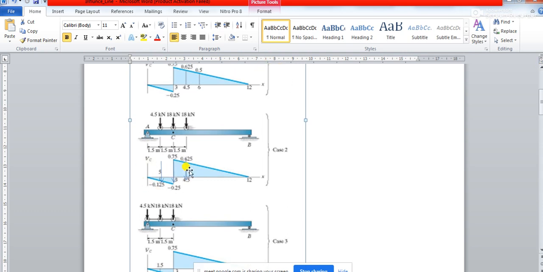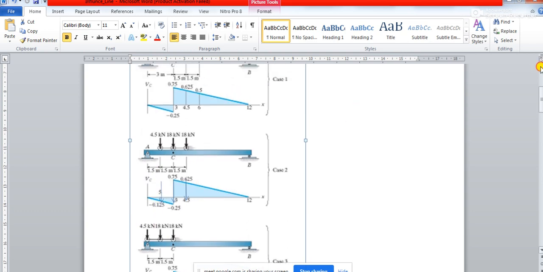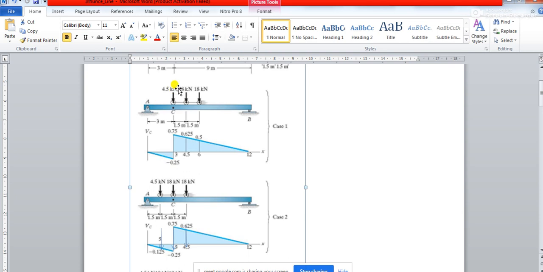So when this is happening, you are going from case 1 to case 2. At that point in time, if you want to find the value of the change in shear, how do you calculate it? You see this 4.5 kilonewton load. Very carefully understand what is happening to this 4.5 kilonewton load.